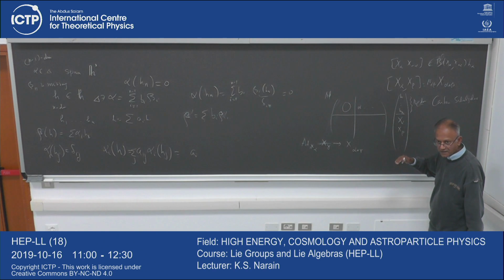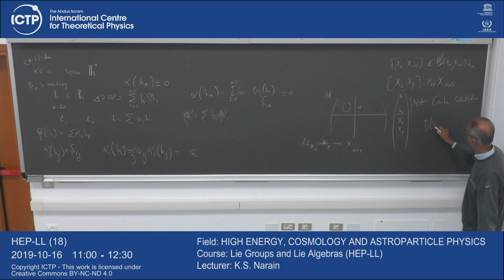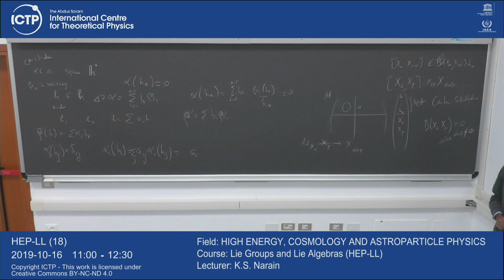So the only way the Cartan-Killing form can be non-zero is if there exists x minus alpha. Okay. It's clear. If I take B of x alpha with x beta, this is going to be 0 unless alpha plus beta is equal to 0, right? So in other words, whenever alpha plus beta is not equal to 0, this is 0. Right?